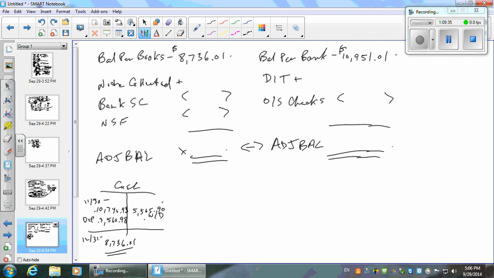Do you see the deposits that got to the bank? Are there deposits that got to the bank? There's a column for deposits, isn't there? This thing's kind of hard to read. But there's a column for deposits, isn't it? The first one is 5,484.38. Was that recorded on our books too? How about that one, December 1st?